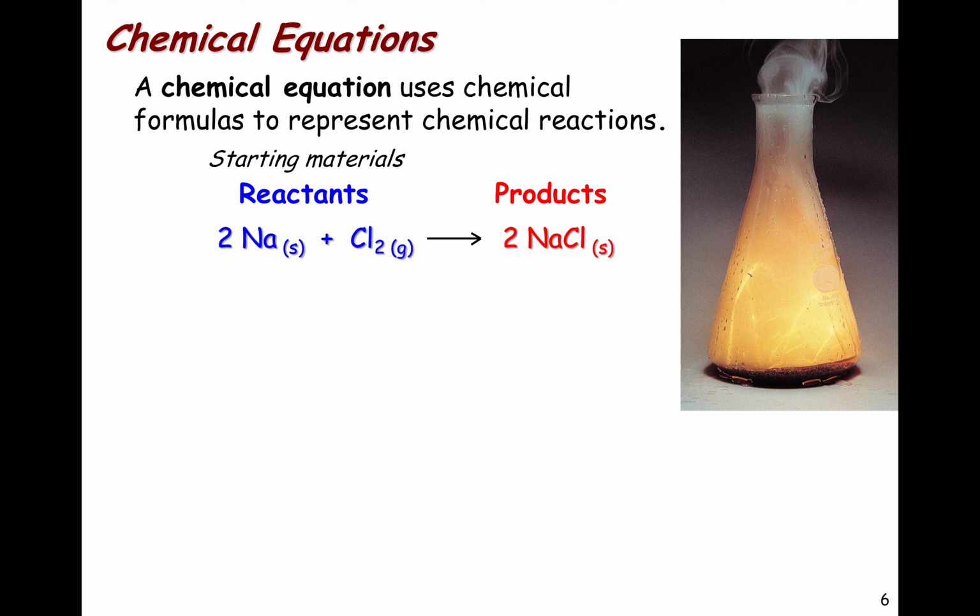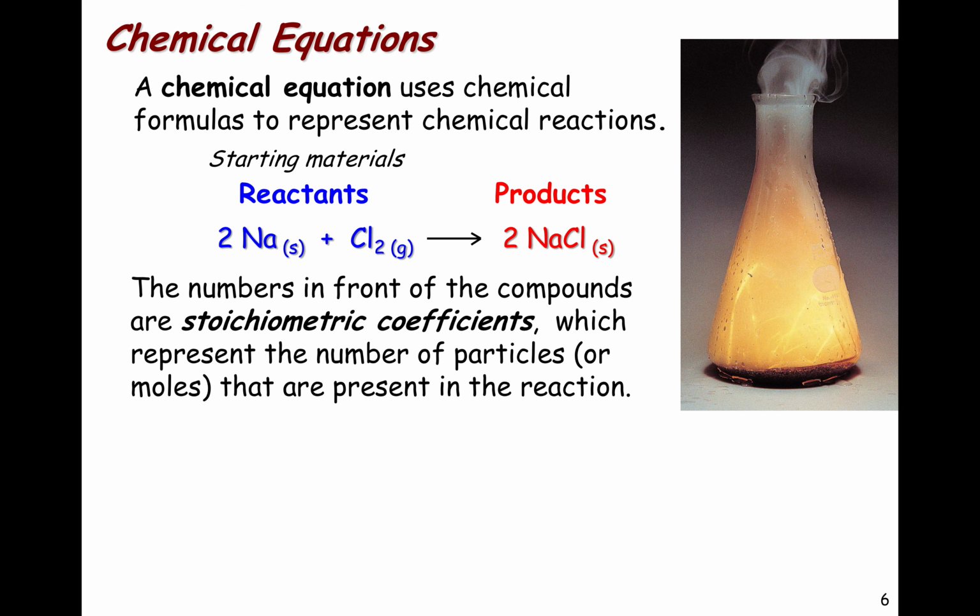And so in this particular case, we would then talk about the so-called stoichiometric coefficients that are the numbers in front of those formulas. If we talk about this on the atomic scale, it would take 2 sodium atoms and 1 chlorine molecule, 1 Cl2 molecule, to produce 2 sodium chlorides in the solid state.